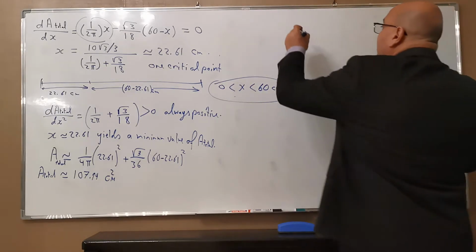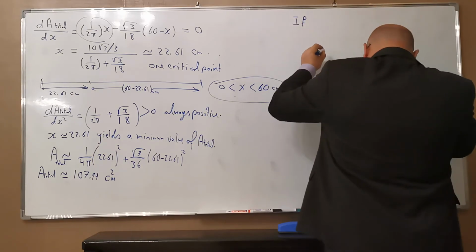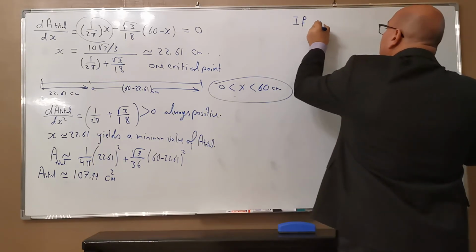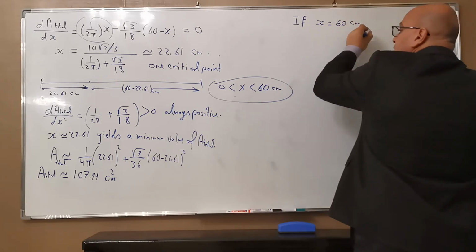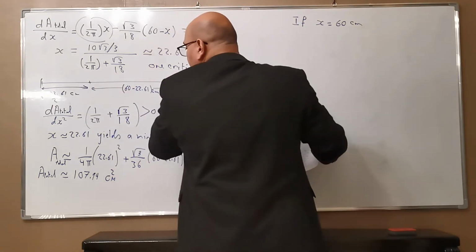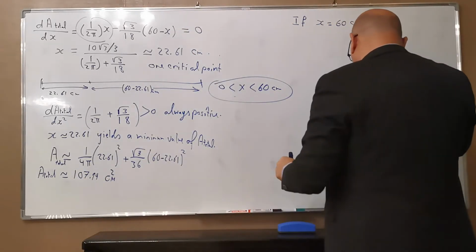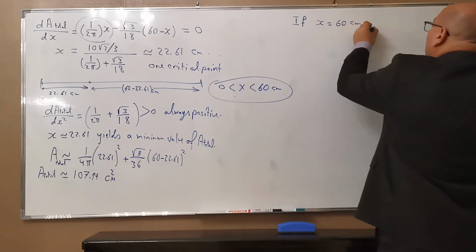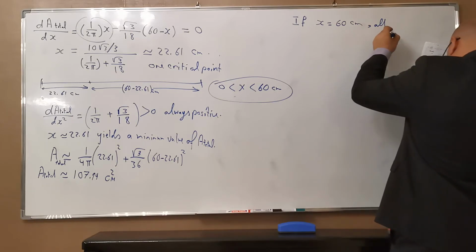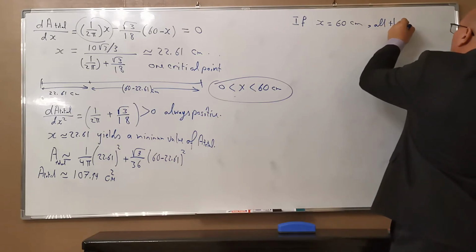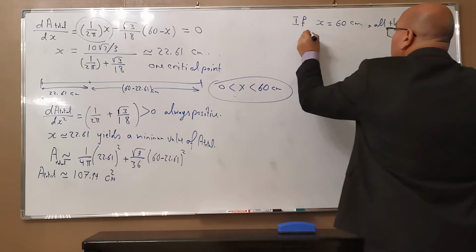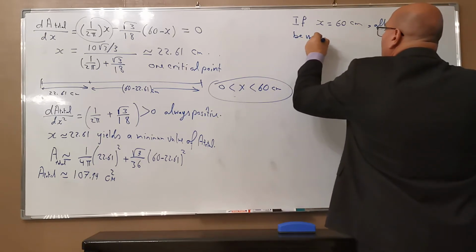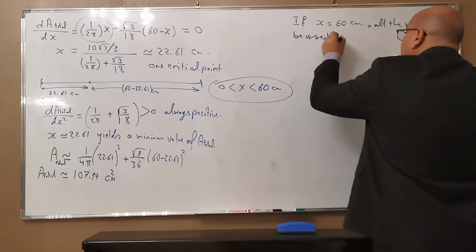And if x equals 60 centimeter, it means that the whole thing will go into a circle. Then all the wire will be used for a circle.